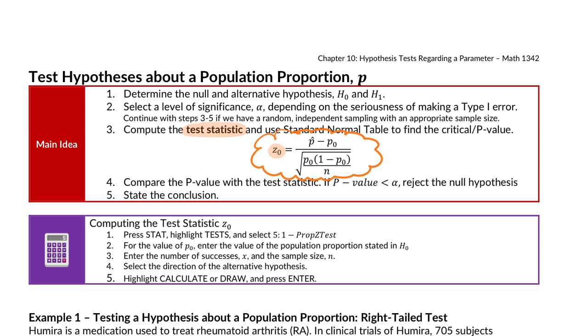After we get this Z naught, we're going to compare the p-value with the test statistic. If the p-value we get is less than the significance level that we are choosing, we will reject the null hypothesis. Or we look at that table on the other page. And then, of course, we put it back in words and we state the conclusion.